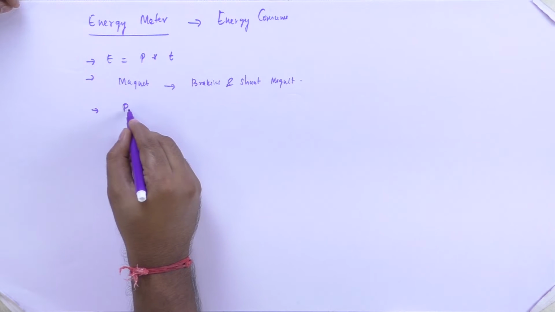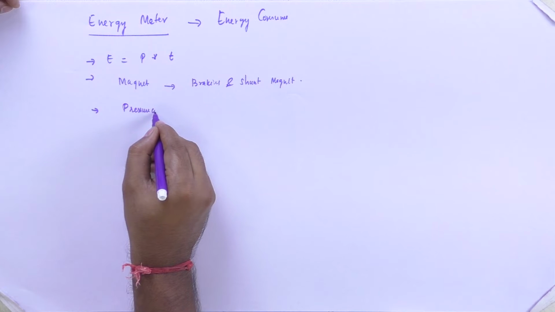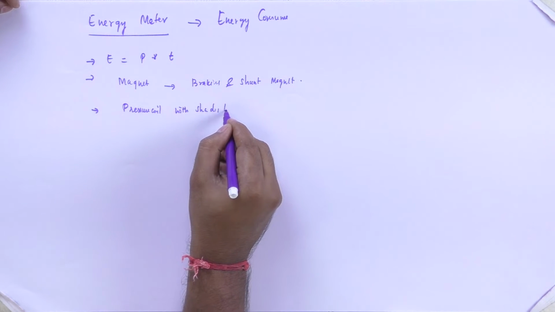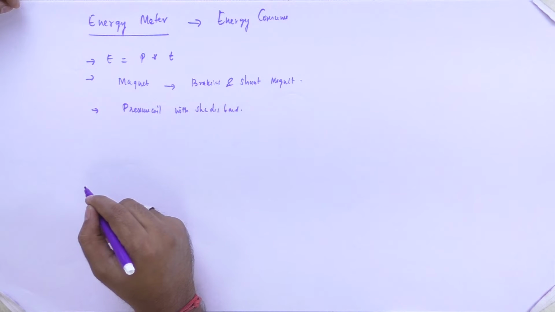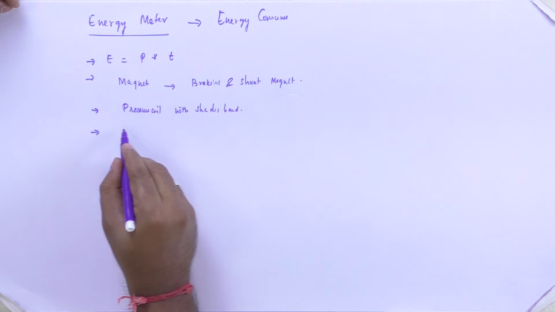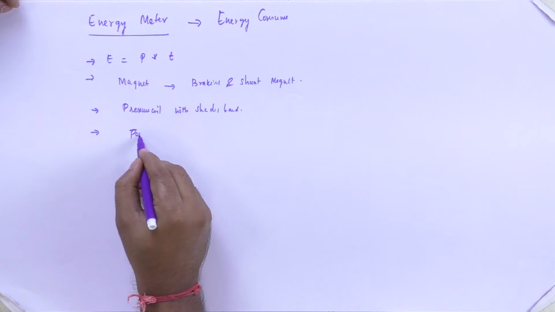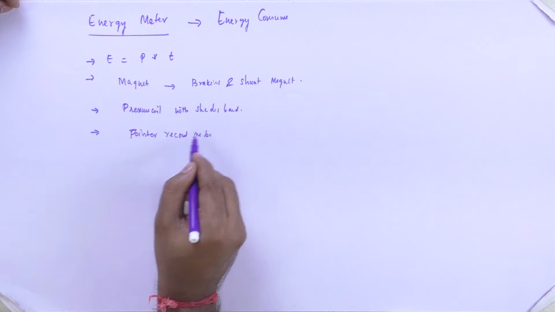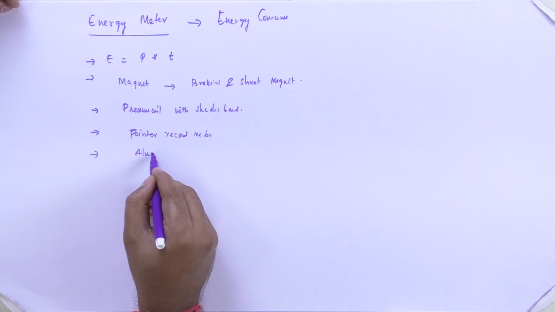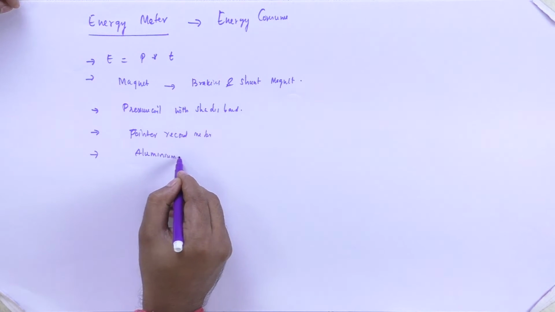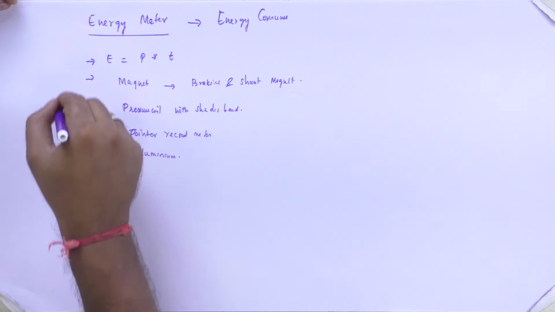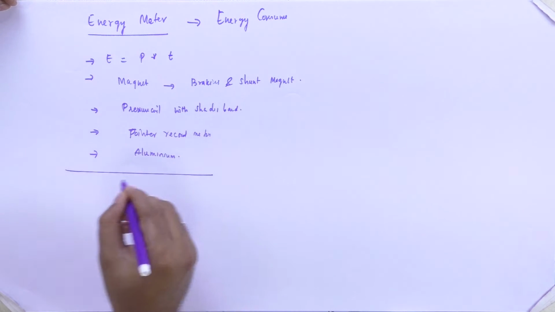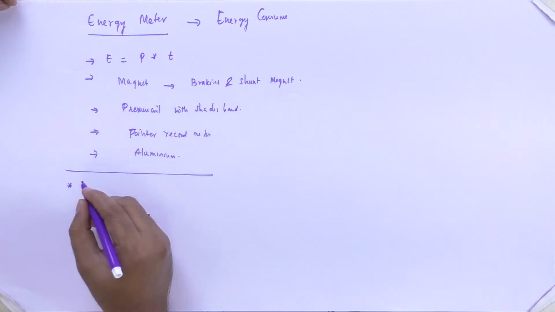To the shunt magnet, a pressure coil with shading band is introduced, and the pointer is used to record the mechanism of the data, and it is controlled by an aluminum disc.